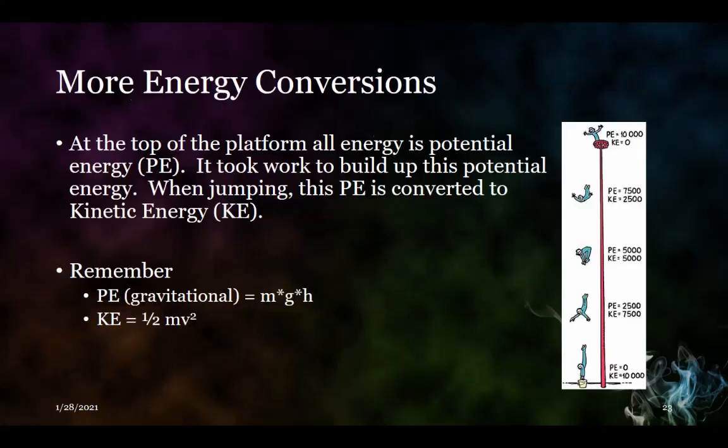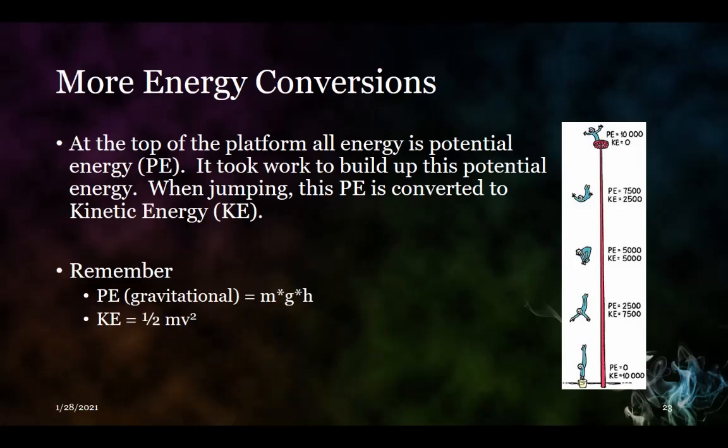One of the examples that I want you to be able to do by the end of today is to be able to convert potential to kinetic. And this gives us a great example. In this particular instance, we have the individual standing on top of that high platform. All of his energy is potential energy because he hasn't jumped.